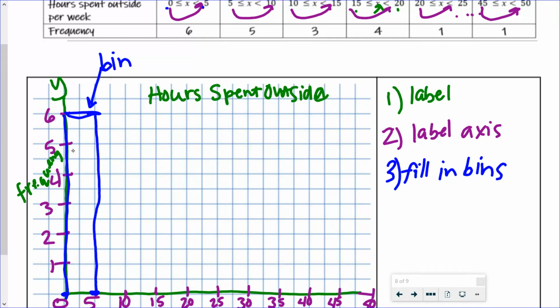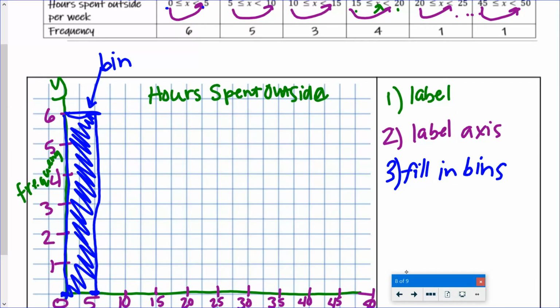From 0 to 5 was 6. I'm going to color mine in. The next set of data was from 5 to 10, and there were 5. You'll notice it starts at 5, so I don't leave any space. I just go from 5 to 10. This whole width needs to be included, and it happened 5 times that there was data in that amount.